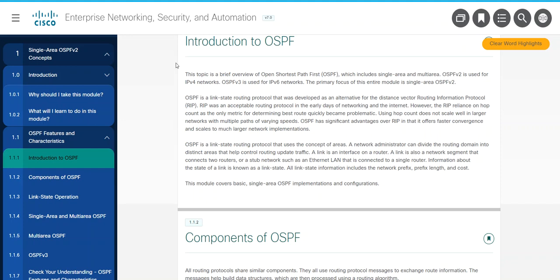Okay, RIP did not do that. RIP would look at the shortest path, and that would be it. So OSPF definitely became a better, more scalable routing protocol. So that's why it's more popular.